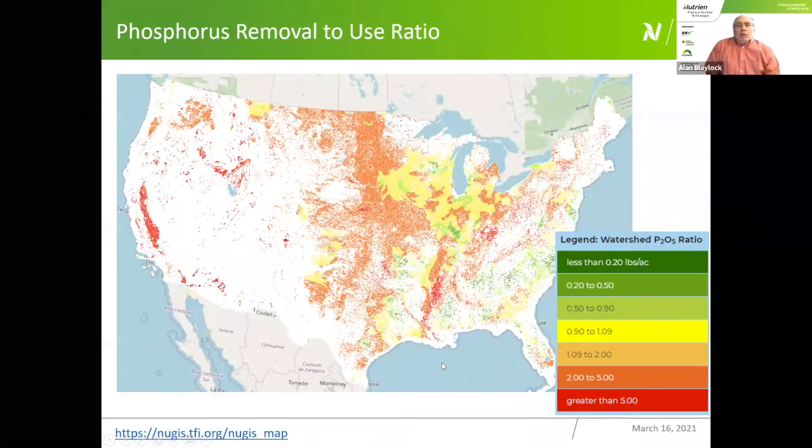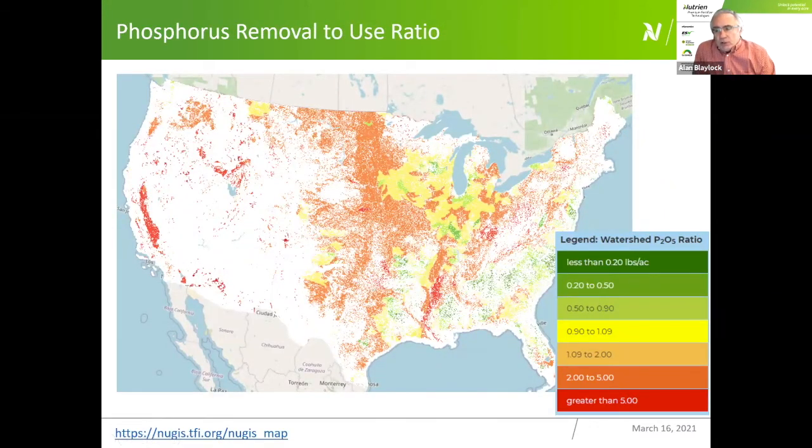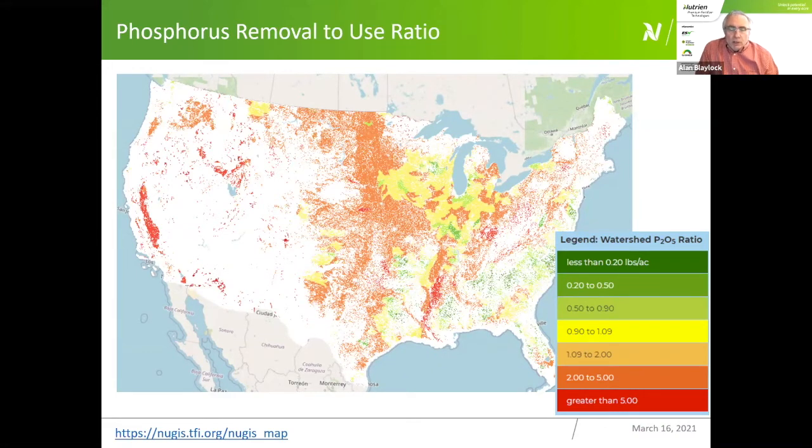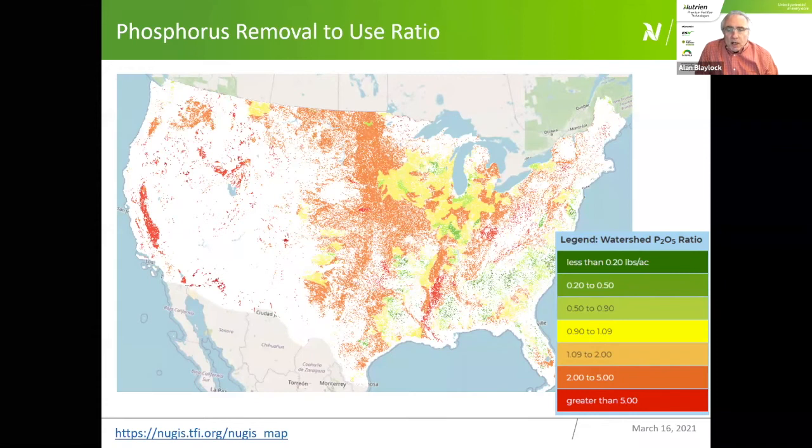Okay, so one of the factors in these changes that is interesting to look at is what we call the removal to use ratios. And this is a different program here. This is a system called NUGIS, which is also managed by TFI.